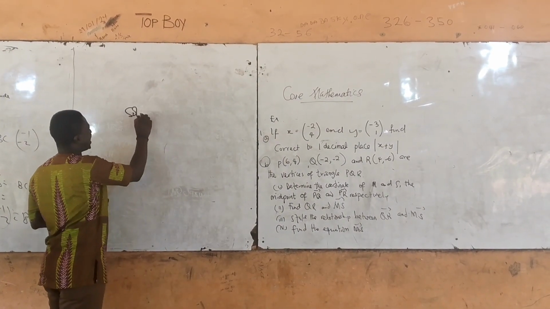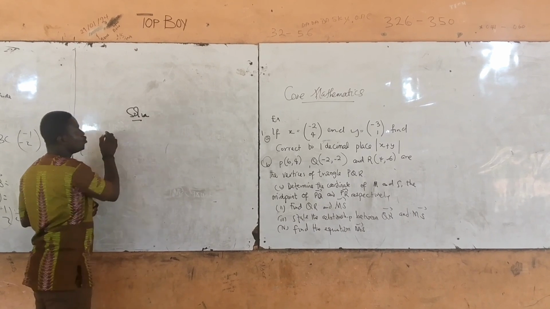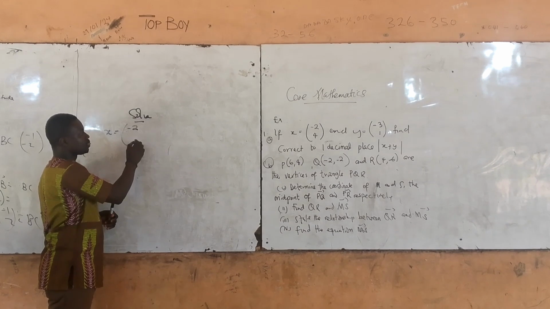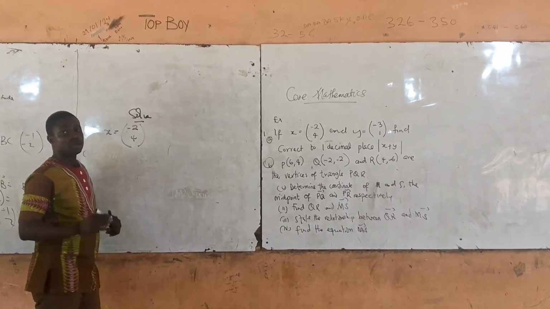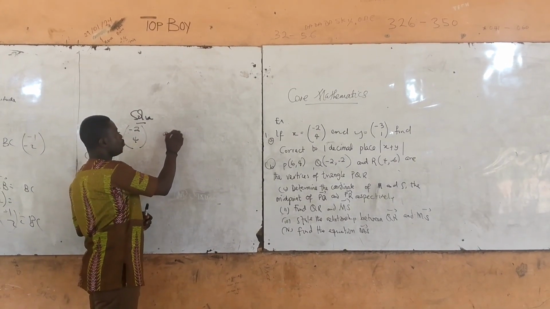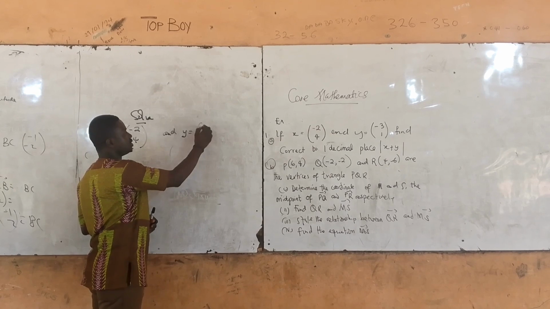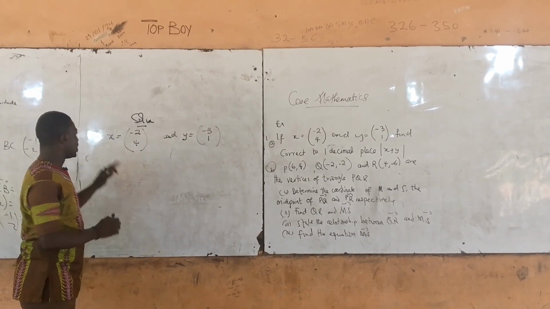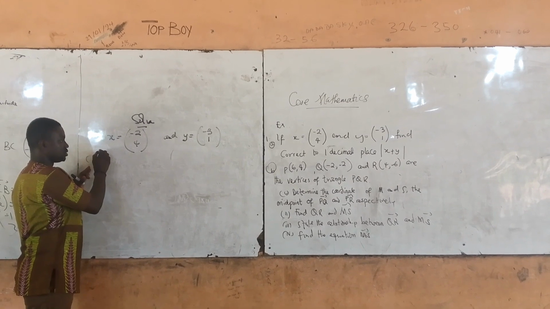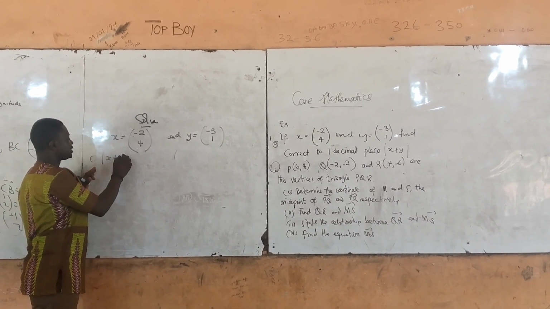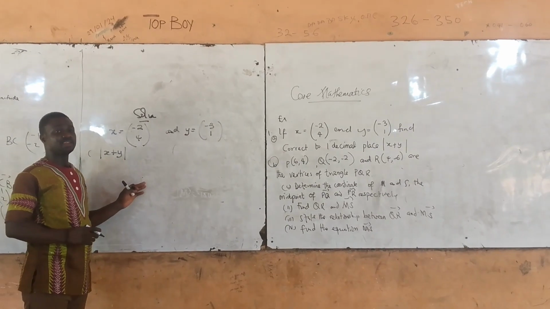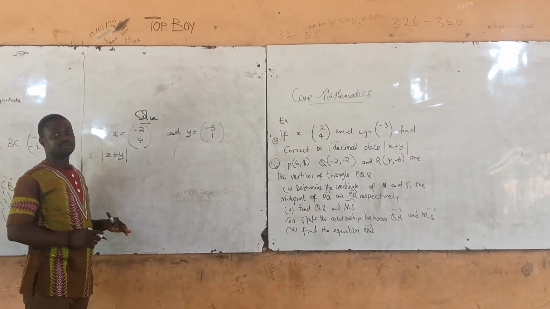So the first part, you are given x to be (-2, 4), and then you are given y to be (-3, 1). And so we are supposed to find the magnitude of x plus y. In this case, we need to first find x plus y.